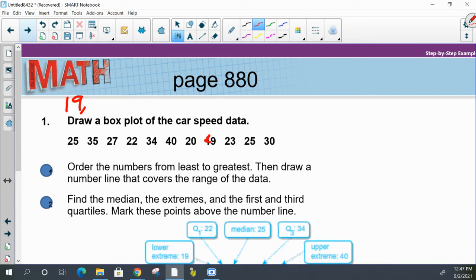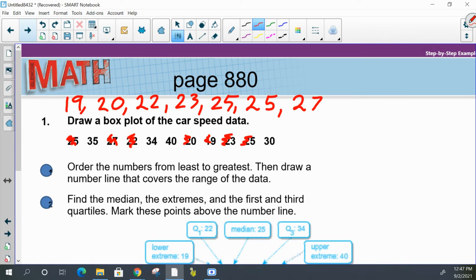And then it looks like 20. Then 22. Then 23. 25. 25 again. 27. 30. 34. 35.